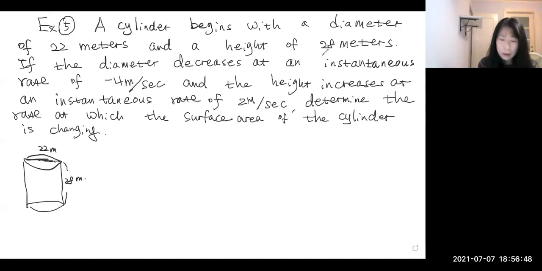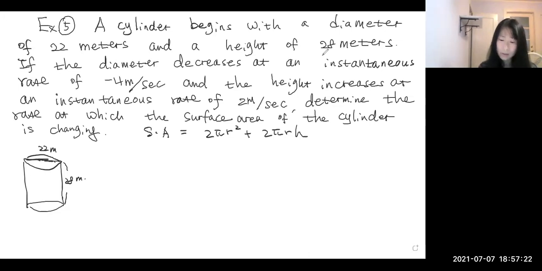Okay, so let me write down the surface area of the cylinder formula. It's 2 pi r squared plus 2 pi r h. Let me denote surface area as S. Then we have to know what the radius is.